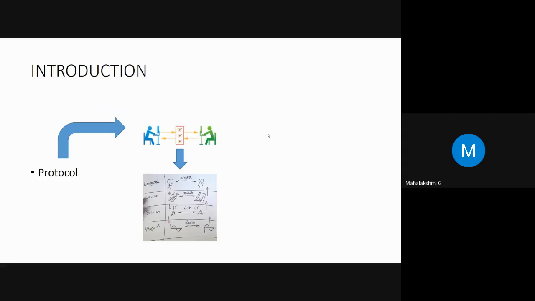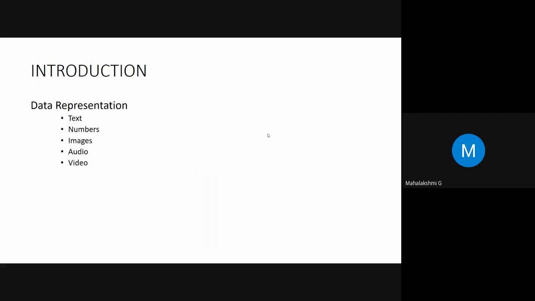Like if one person is speaking English and the other is speaking Japanese, then neither can understand the other's language. So these are the basic components used for data communication.